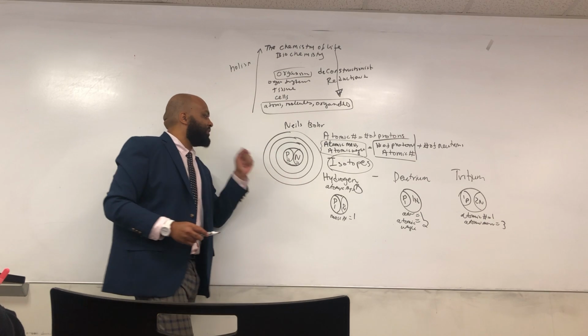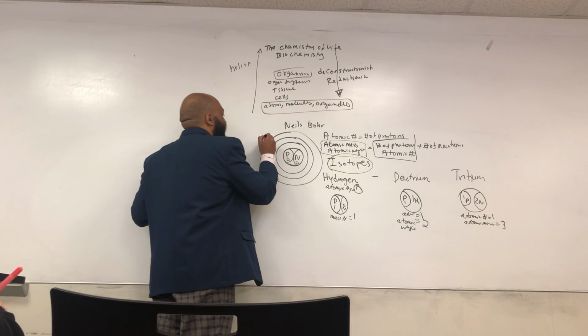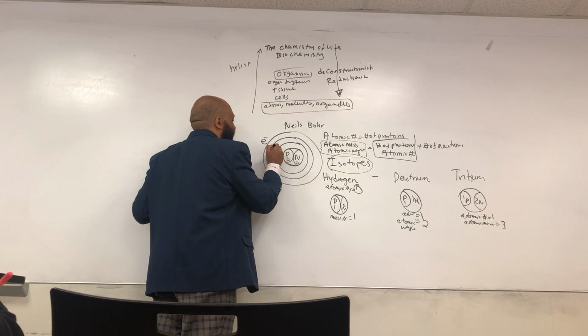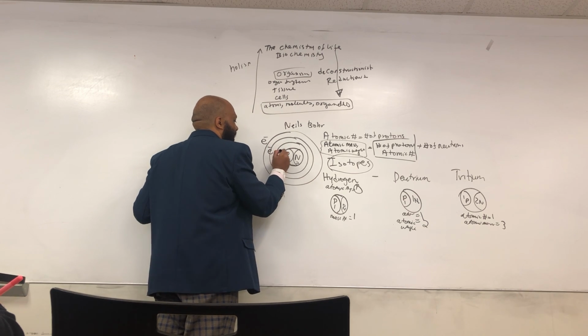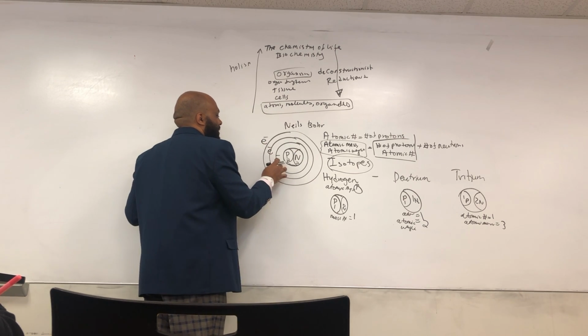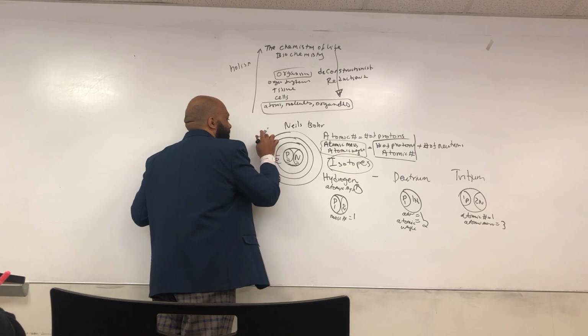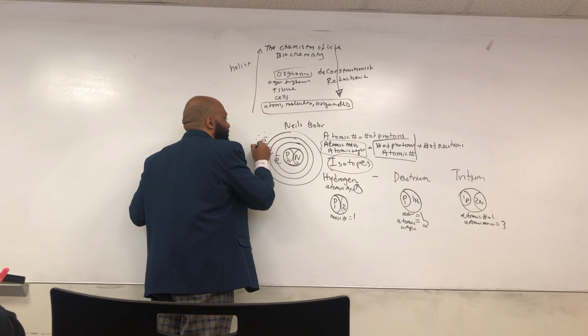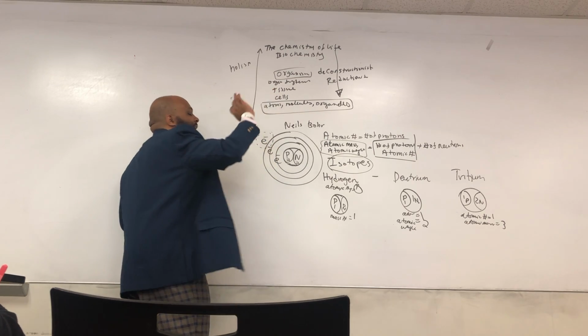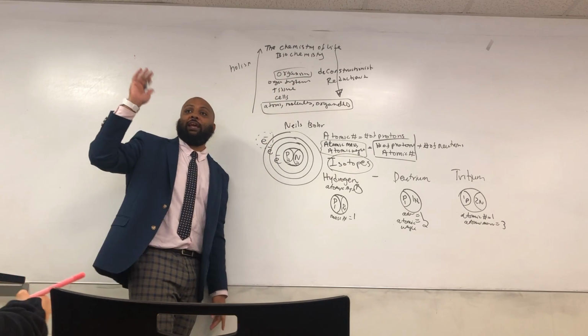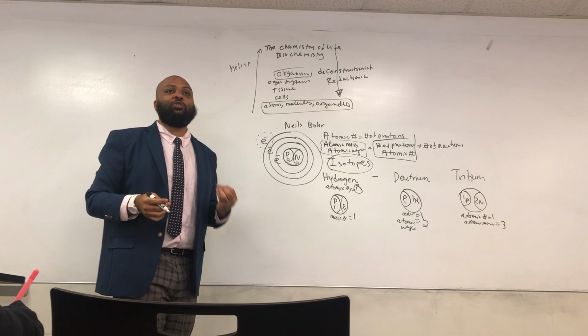Then we have to understand the electrons. The electrons are spinning around the nucleus. There are electrons that are very close to the nucleus, and electrons that are very far from the nucleus, spinning outside in the farthest energy levels. These are the most important ones.